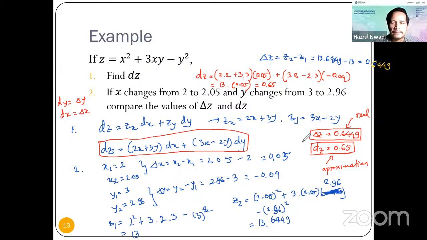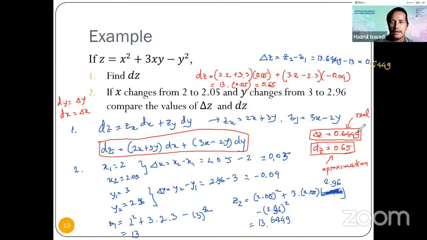So in practice, we replace delta z by dz, because theoretically the values of delta z and dz are close to each other. So we use dz to approximate delta z.